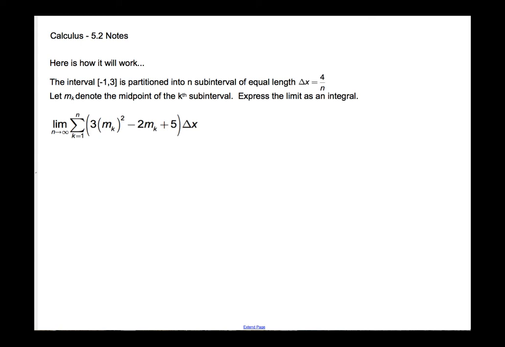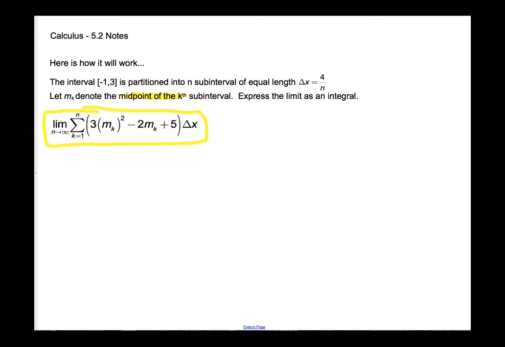Well, remember in section 5.1 that we discovered that the midpoint was the one that was best suitable to find an accurate area of a rectangle. So we're going to continue to use that. And we want to express this as an integral.